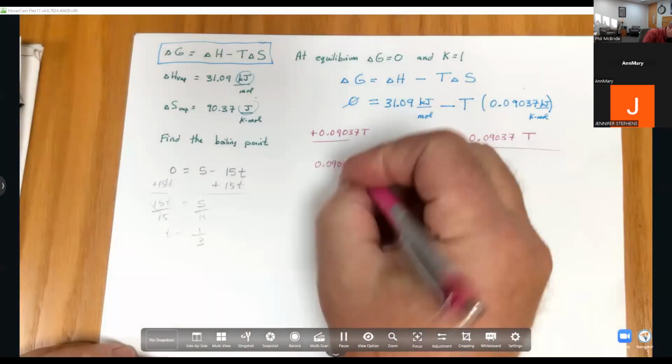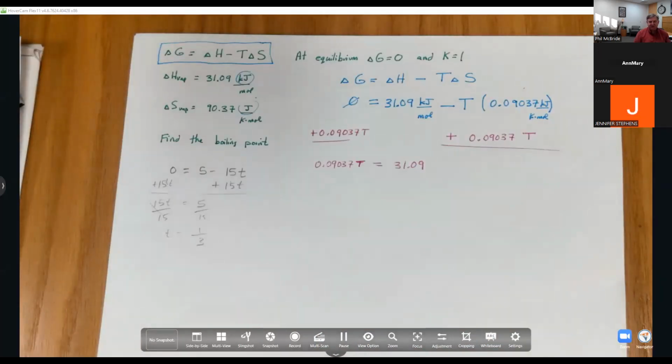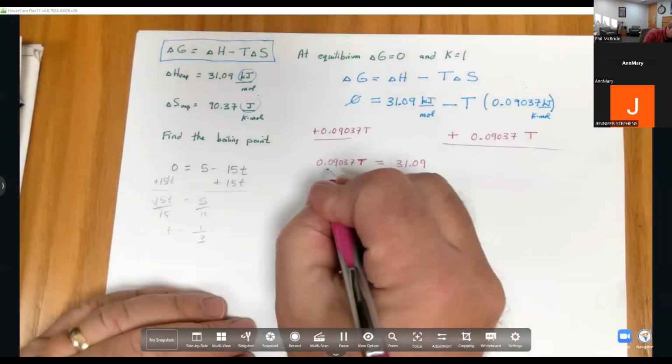So this is 0.09037 T equals 31.09. Now how do I solve for T? Divide by 0.09037.